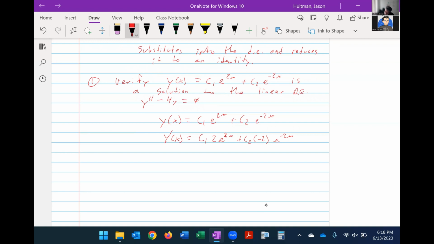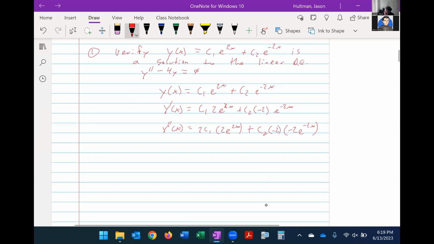Now let's take the second derivative. Bring down the 2 again, chain rule, right? This is going to be 2c1 times 2 e to the 2x, because the derivative of 2x is just e to the 2x, and we pulled that other 2 in front, plus c2 times negative 2 times negative 2 e to the negative 2x.